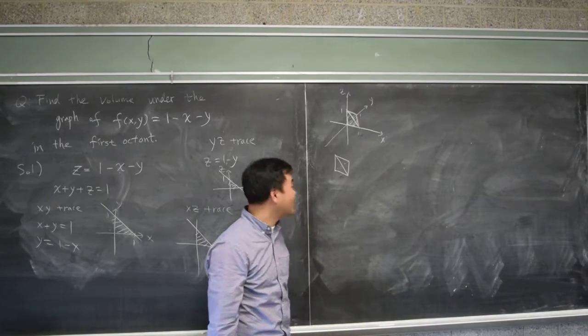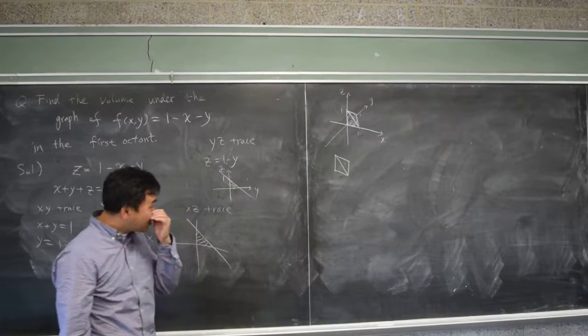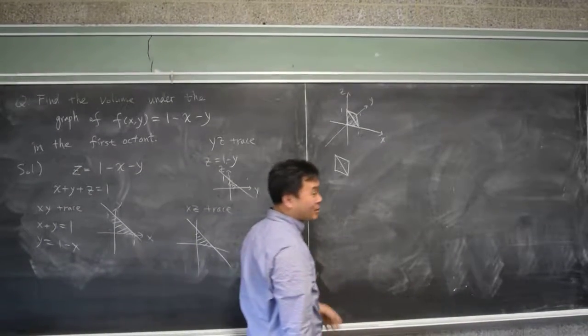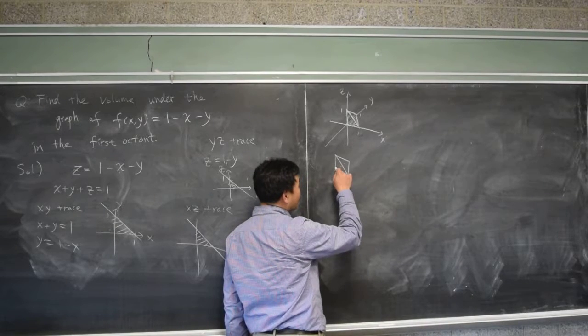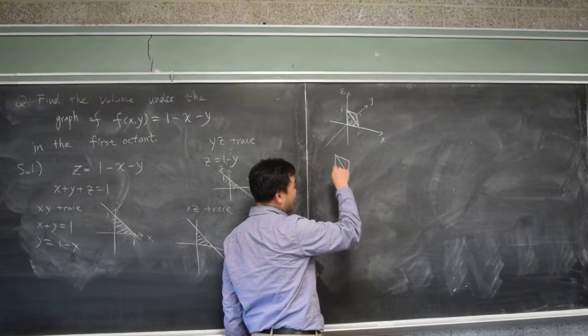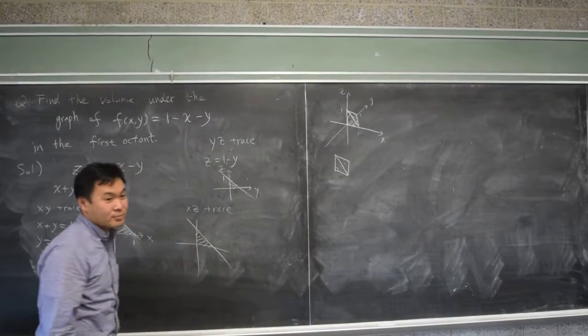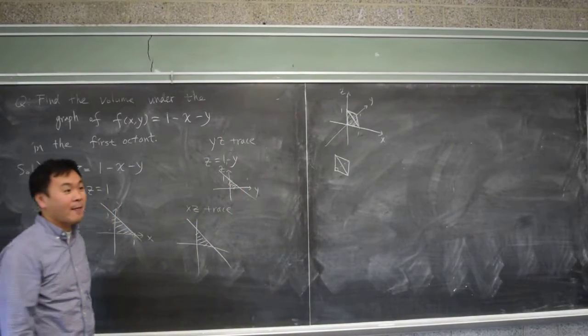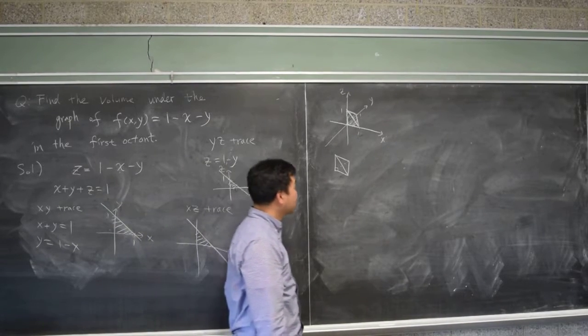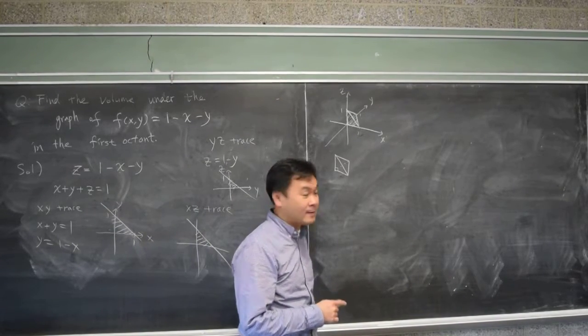It's a tetrahedron. It's not a regular tetrahedron because not all the lengths are the same. To be more specific, this side is a right triangle, and this other side is also a right triangle. All good?